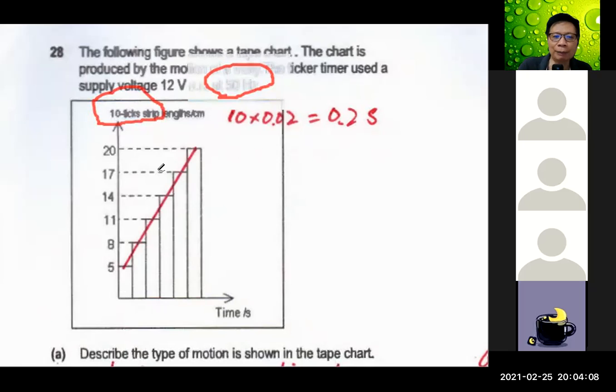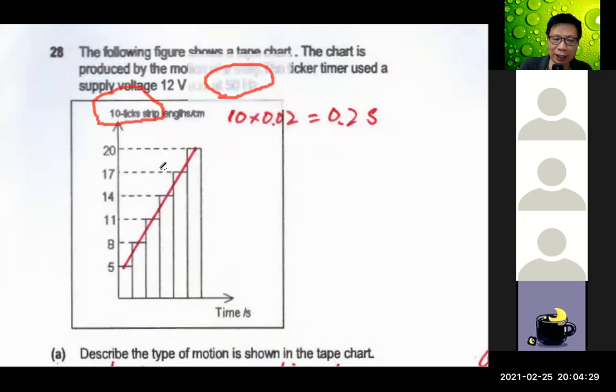Okay, now describe the types of motion. When you look at the tape chart, you see the increments are actually all the same. Here you see the gap, the gaps are all the same. The tape is getting longer with the same gap. Getting longer means getting faster.